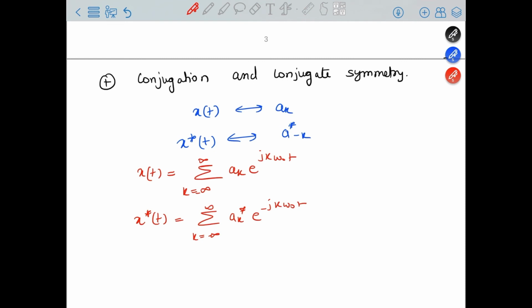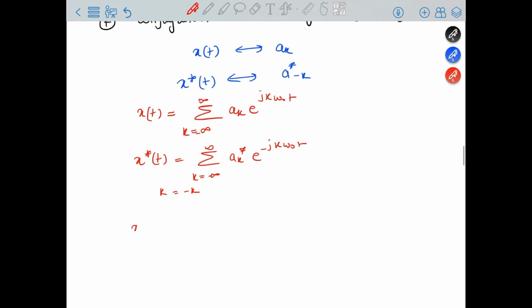Now, we will replace k with minus k. What we will get is x star of t, which will be equal to the sum over k from minus infinity to infinity of a of minus k star e raised to the power j k omega naught t, and if we compare these two representations, you will get to this conclusion.